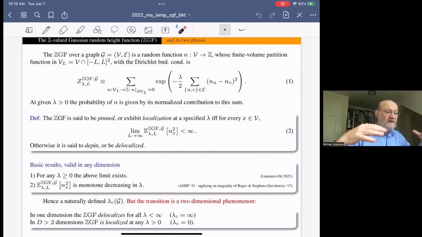Somehow, as the dimension increases, the effect of the boundary only increases, and in 3 or more dimensions, in fact, any dimension greater than 2 suffices to localize it. So 2 dimensions is the only dimension in which you see, for such short-range couplings, the possibility of a transition between localized and delocalized phase.